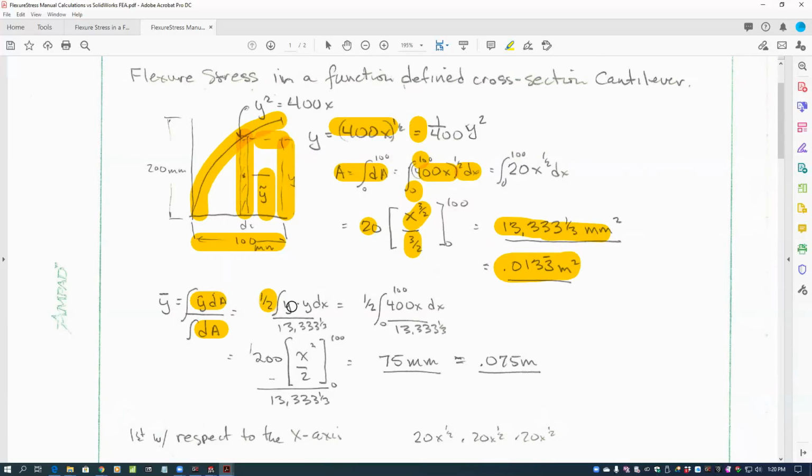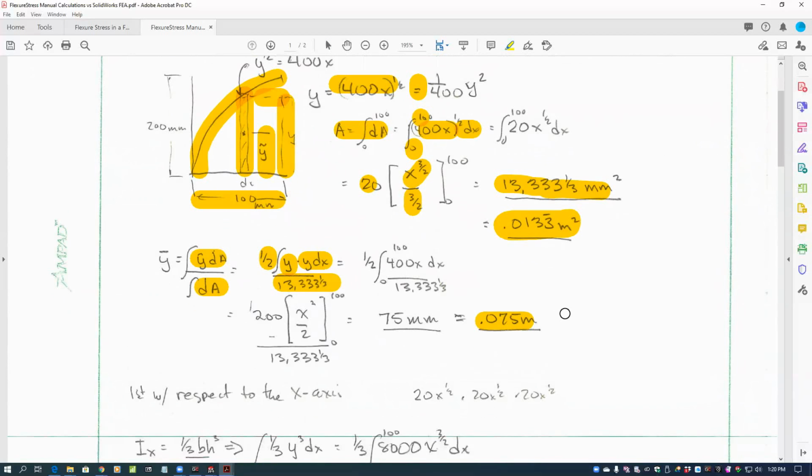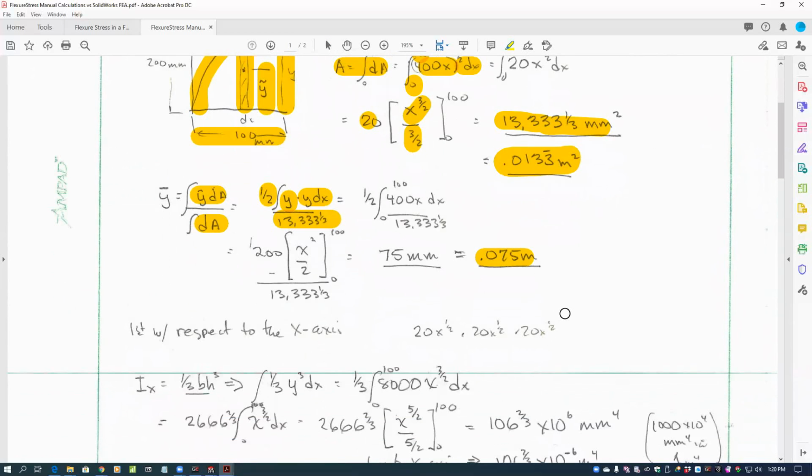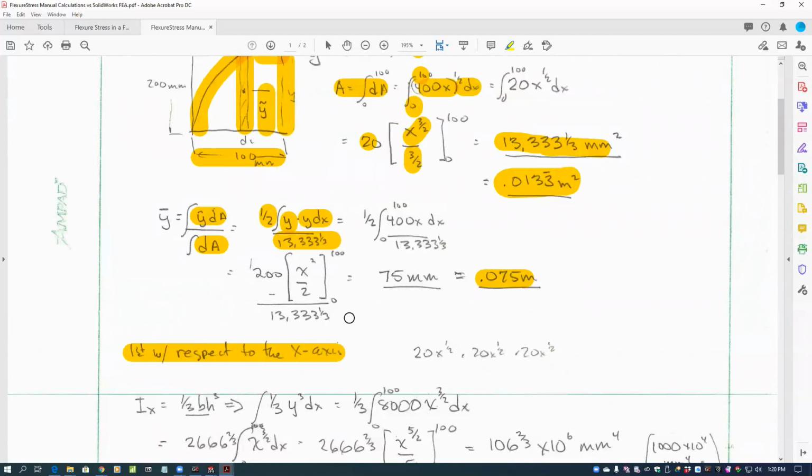So we can put 1/2 y, and then our area, y dx, all over our area, which we calculated. We do the integration there, and we find that the y bar is 0.075 meters. Well, we didn't calculate x bar. We won't need that.